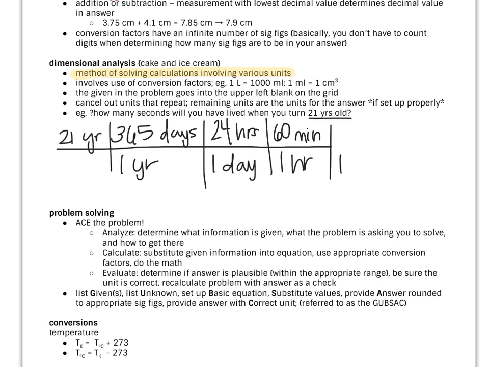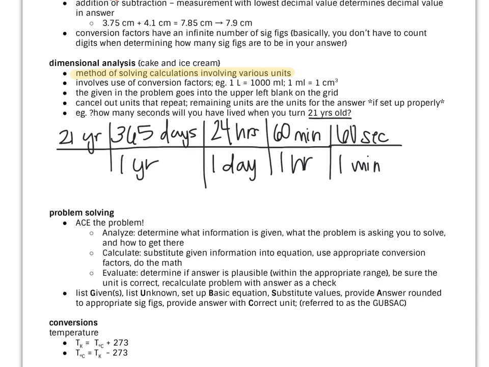We know that in 1 minute, there are 60 seconds. Okay, and boom, that is what we are trying to figure out, how many seconds. So we had to figure out the conversion factor for a year to go to days, days to hours, hours to minutes, minutes to seconds. So we couldn't immediately just go from years to seconds because there are a lot of different units or conversion factors that go in between that.